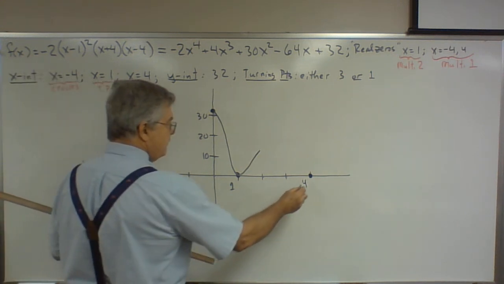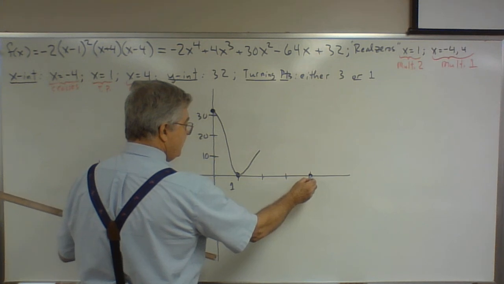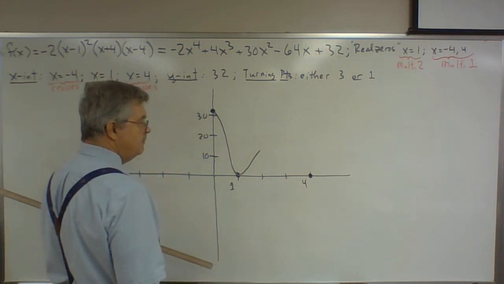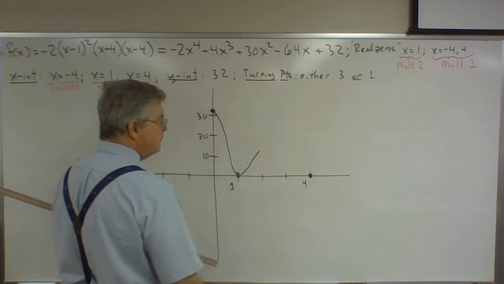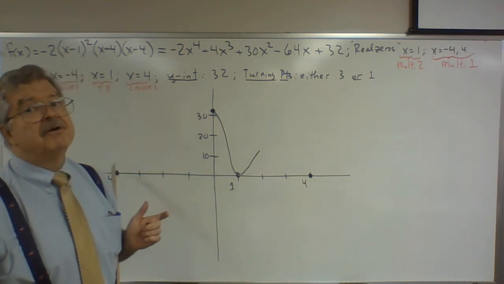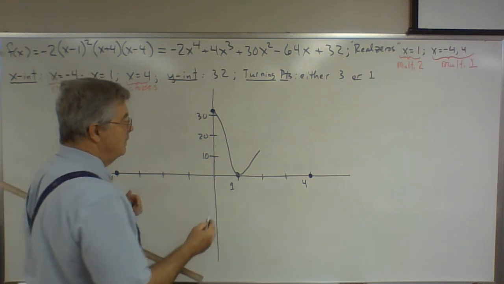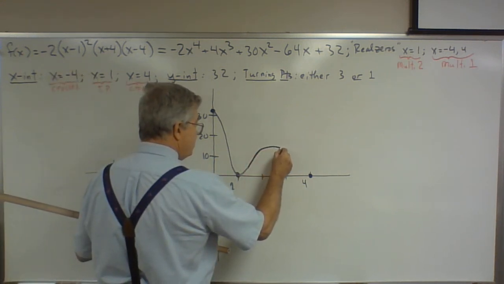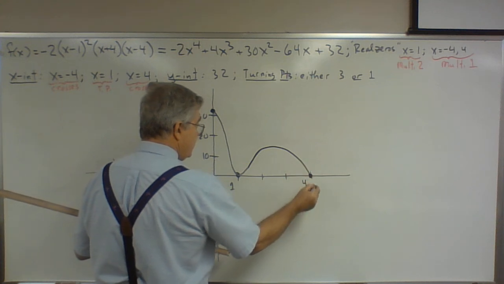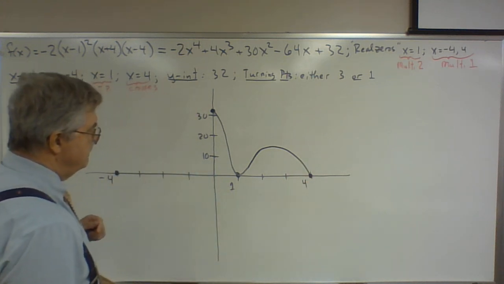Well, the graph of f of x has to go through this point too. It's another x-intercept. How is the graph going to get from here to here? It's got to turn around, doesn't it? So we're going to have another turning point somewhere between x equal 1 and x equal 4.